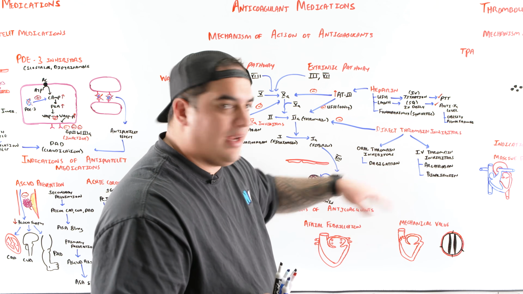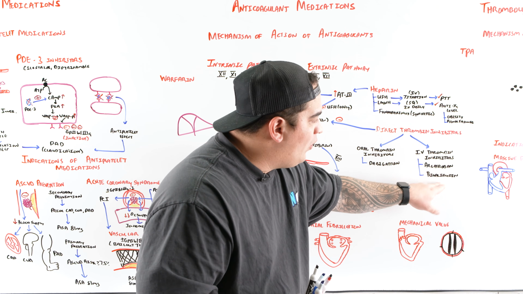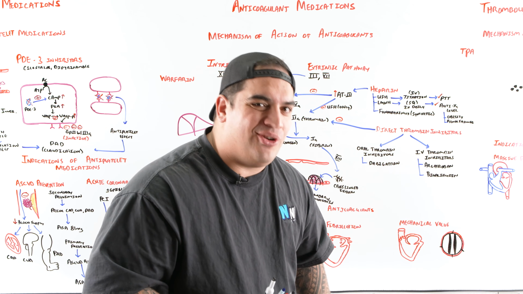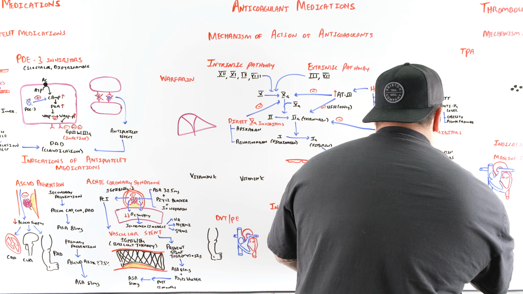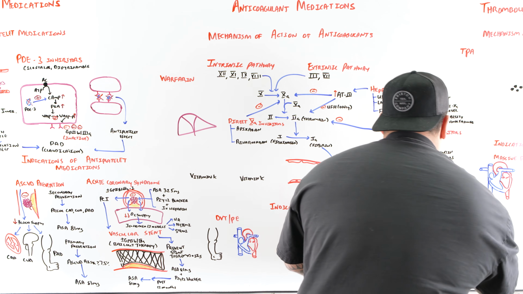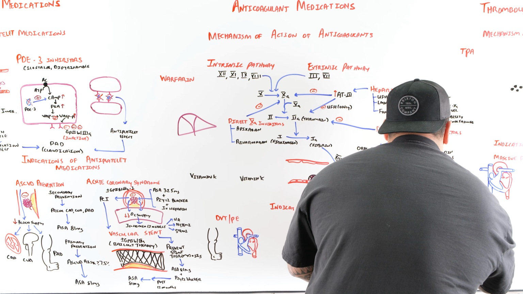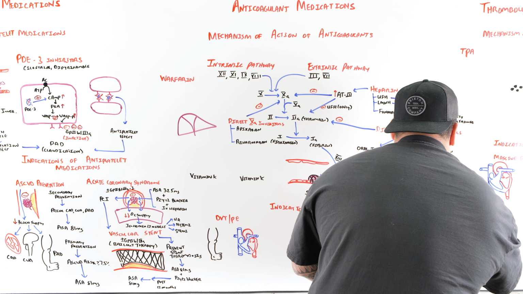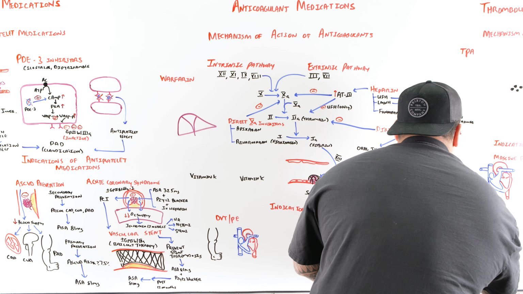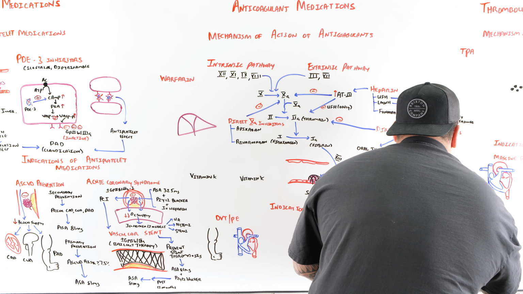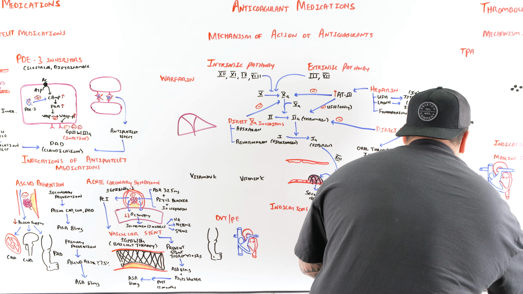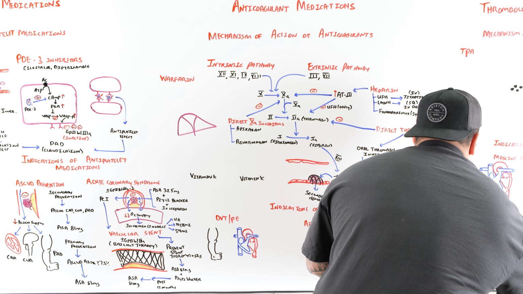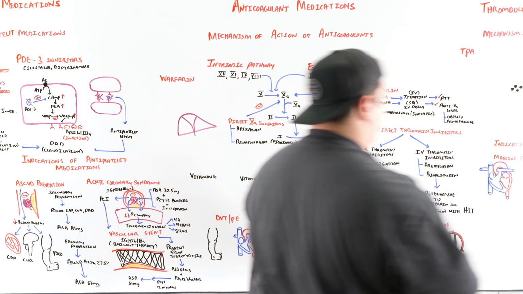Obviously oral, I could take home, but for IV, the only time it's truly utilized, and I'll hit you with it now, is as an alternative to heparin in a patient with what's called HIT, heparin-induced thrombocytopenia. This is really the only true indication for these in clinical reality.